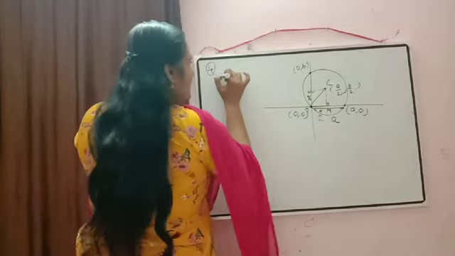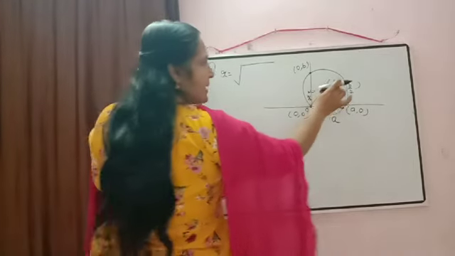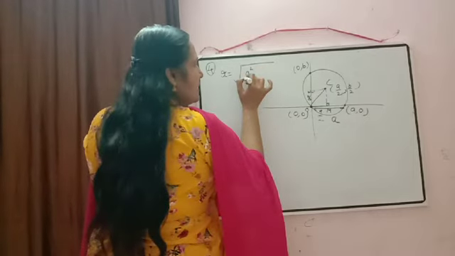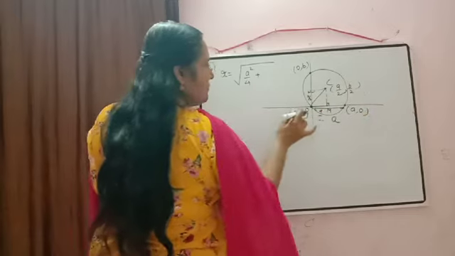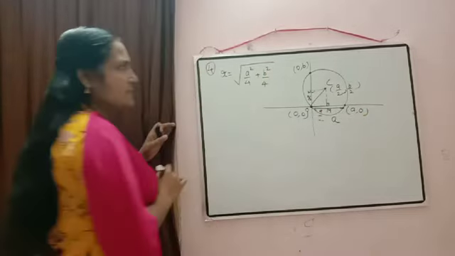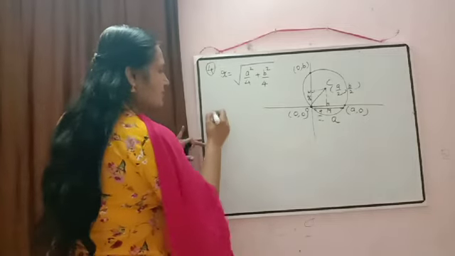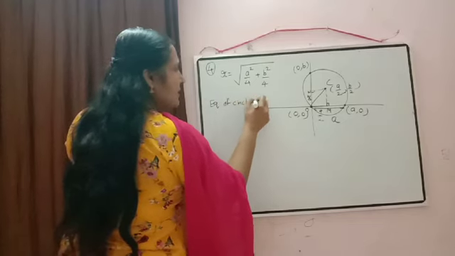So first we calculate the radius. That will be equal to the square root of (a by 2 minus 0) the whole square, so that is a square by 4. Similarly, (b by 2 minus 0) gives b square by 4. So this is the radius we got. Now we can calculate the equation of the circle.